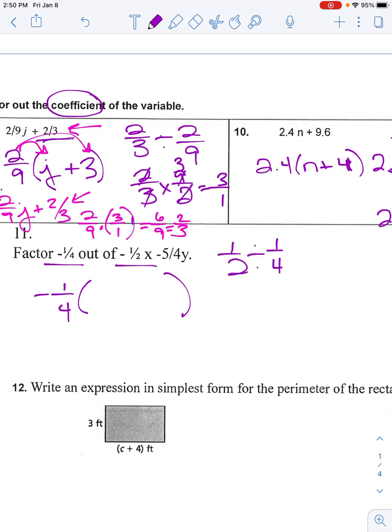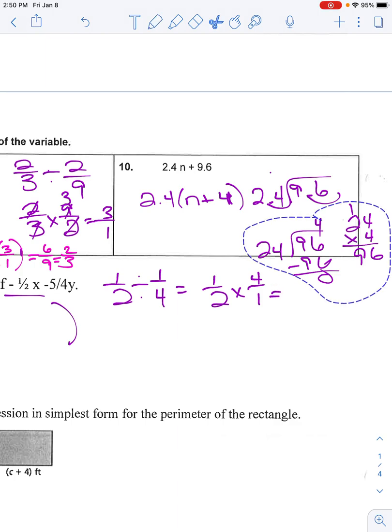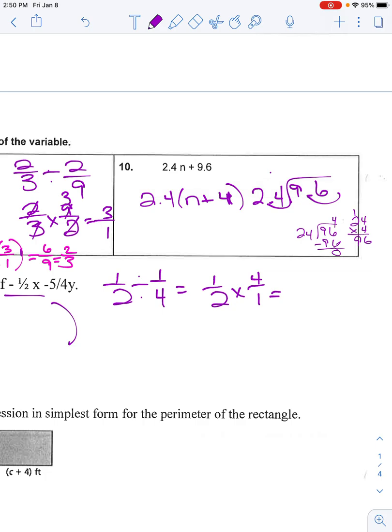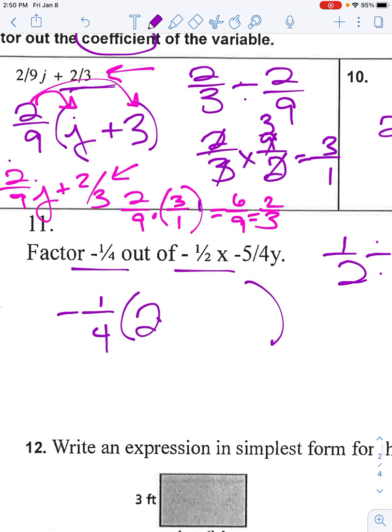I'm going to do 1/2 divided by 1/4, which changes into 1/2 times 4/1, which gives me 2. So this would be 2x inside here. Don't forget your variable x.